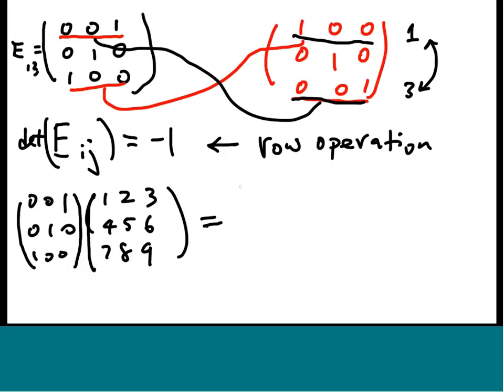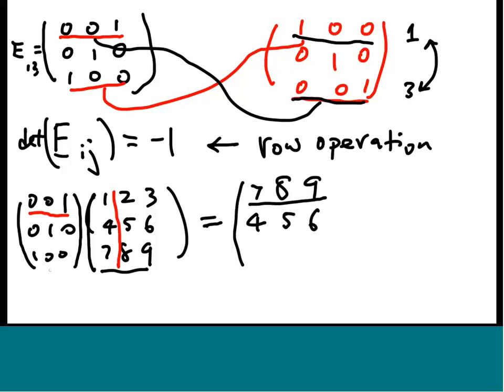You get 7, 8, 9 here because of that multiplication. Then this one is 4, 5, 6, and this one multiplied gives 1, 2, 3.